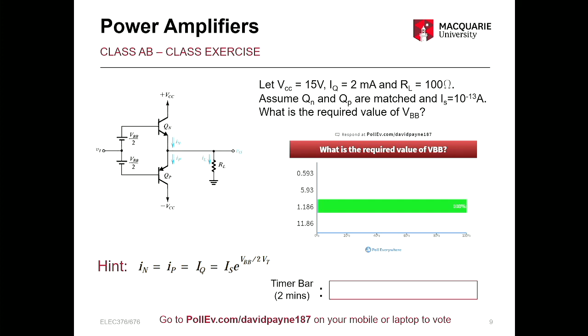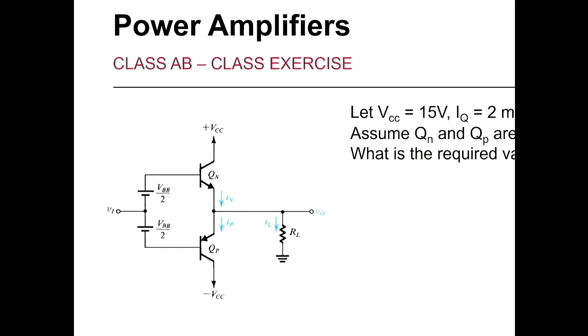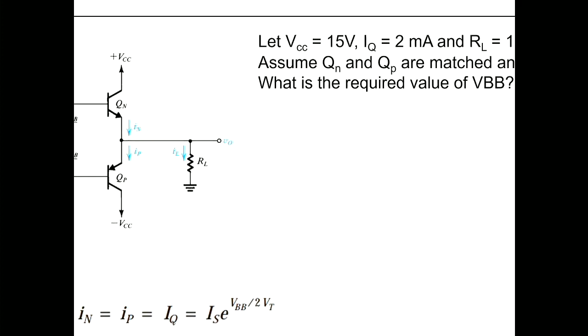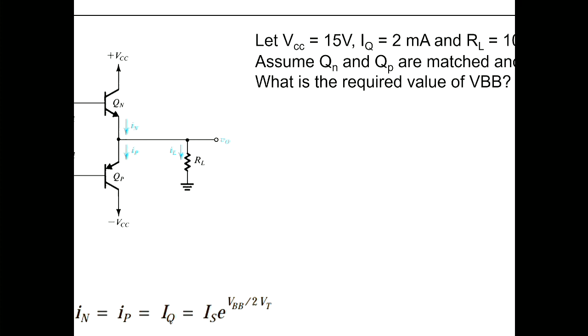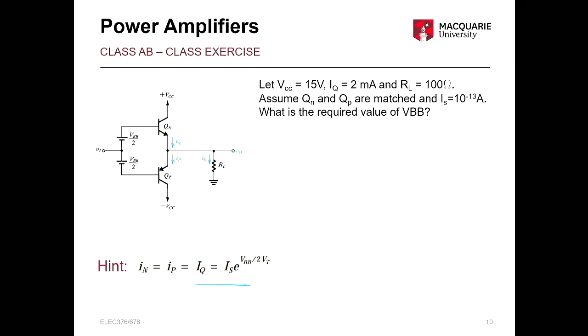So for anyone that didn't finish it, I'll just go through that now. This one's pretty straightforward once you've got that equation. We're really just using this part of the equation here.